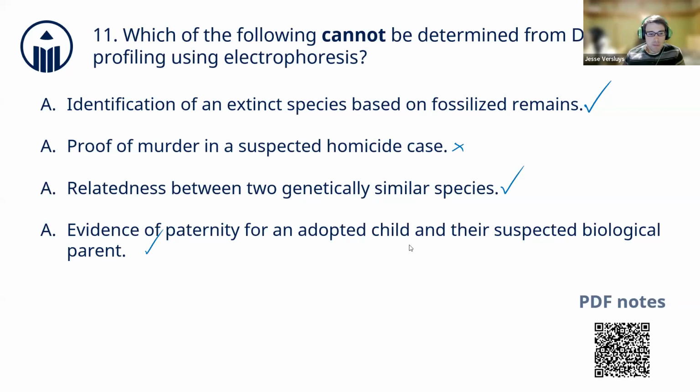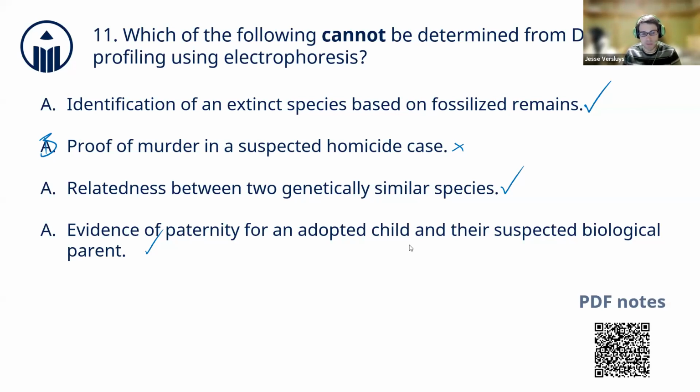So what's the problem with B here, which is the murder in a suspected homicide case? The DNA profiling can tell us about connections between the samples that we have. So for example, I could say I have this blood that I got from a crime scene and I took some blood from some other person and I could match that to a particular person. And I could say, yes, this person probably was there at the crime. But it doesn't tell us what actually happened.